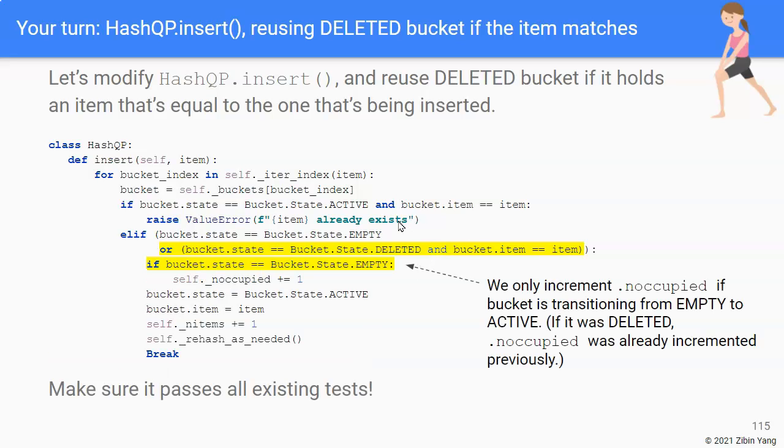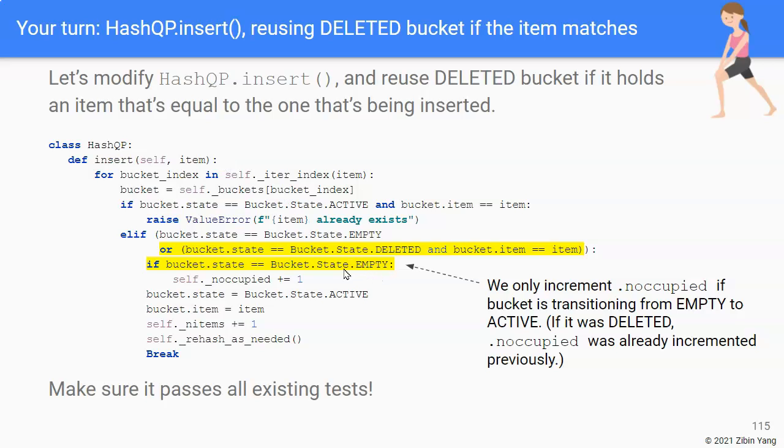So what we have to modify was this condition: the bucket is available for insertion if it's empty, that was there before, but also if it is a deleted bucket and the item in the bucket equals the one that is being inserted.